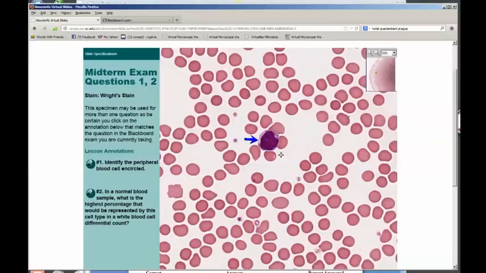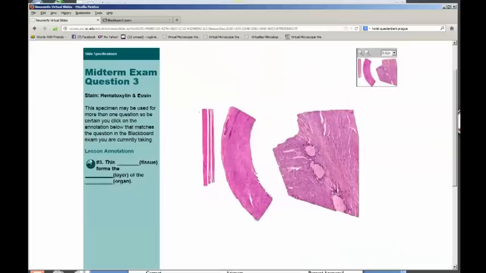But compared to the previous cell, a monocyte is much smaller, and this is a lymphocyte. You notice it has just a tad of cytoplasm around it, and the highest percentage that you were given would be about 33% of the cells counted in a differential count. So now we'll pause this and go on to question 3 while I get it set up.